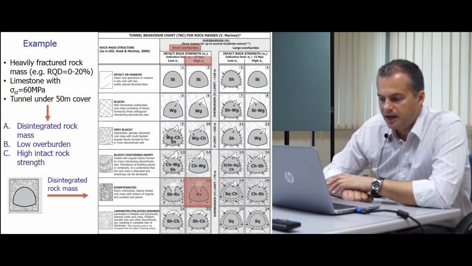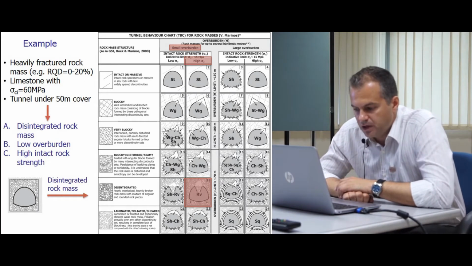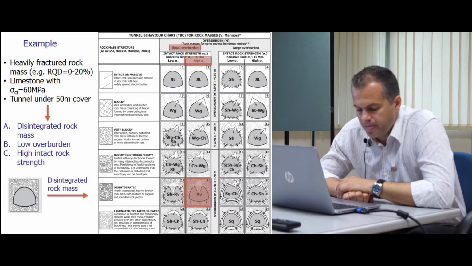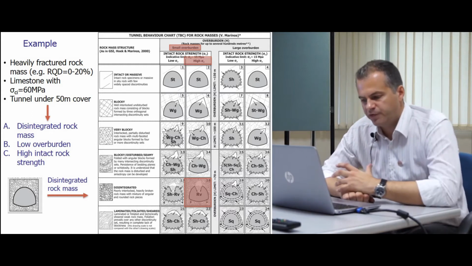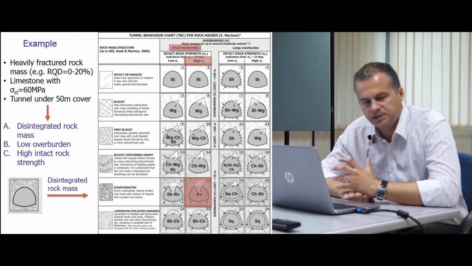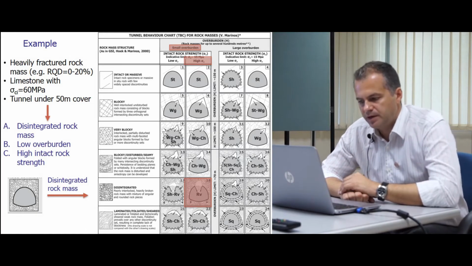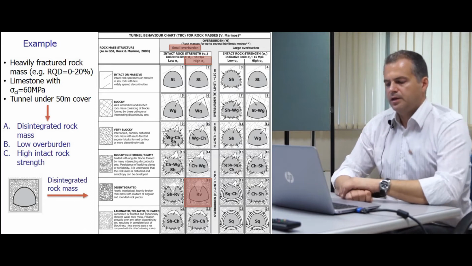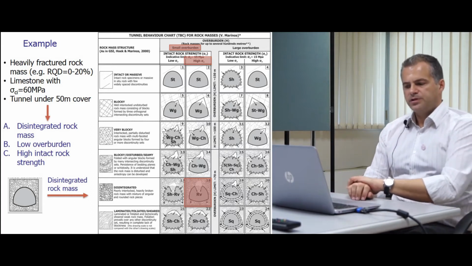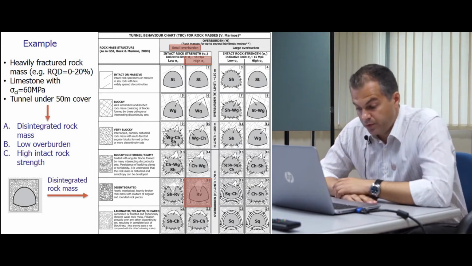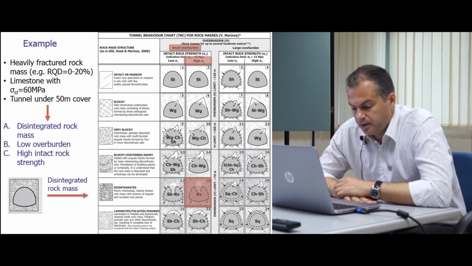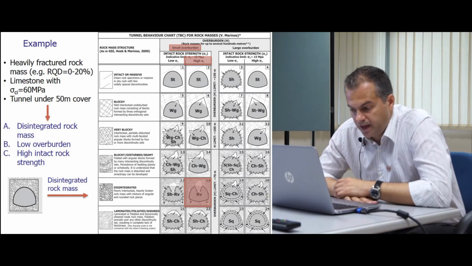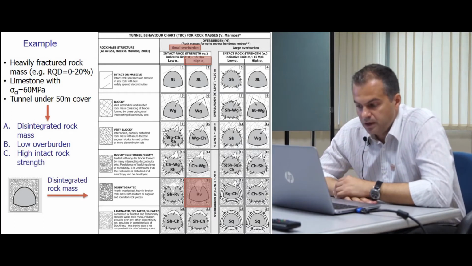Again, I have to highlight here that this is a chart that urges you to think about how the ground behaves, without just giving a numerical sum of some parameters and relying on this sum, on this rating, to then analyze from a numerical modeling and provide you the support measures.